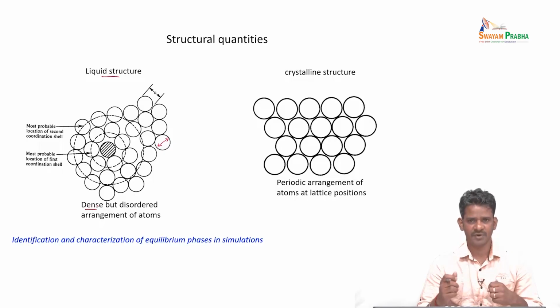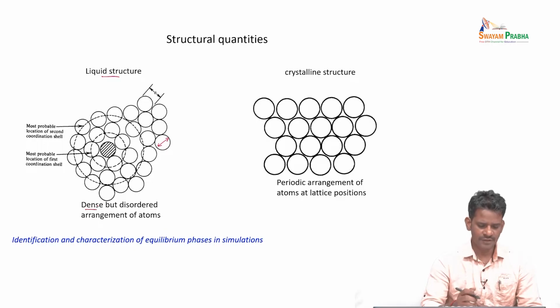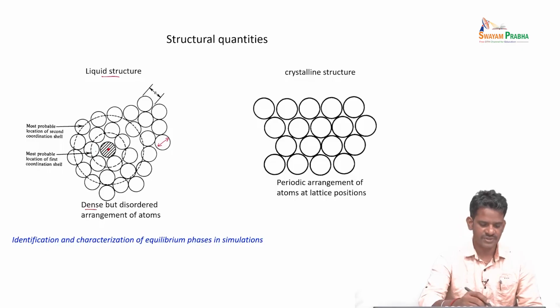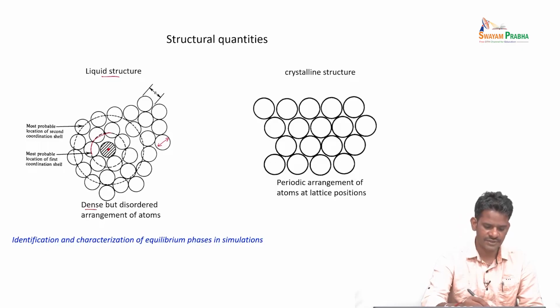You see that the molecules are hitting each other and moving apart, and there is a dynamic motion of atoms in the system. So, if you target one particular atom and look around, you see a layer of first neighbors. This is called the first coordination shell.